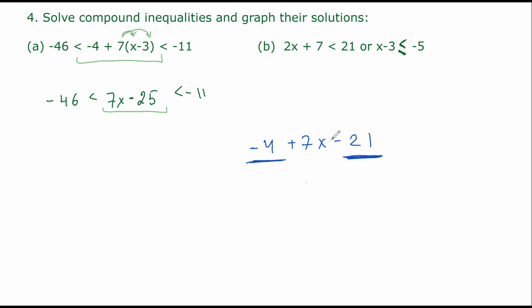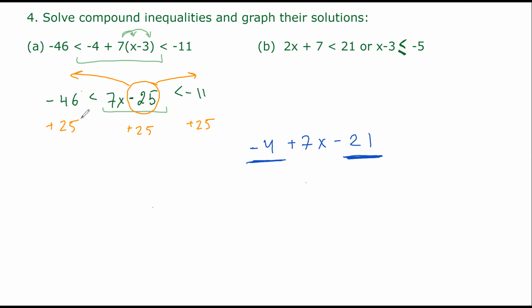Okay, so let's proceed. Now, what we are going to do is apply the same operation to the 3 sides. For example, we are supposed to get rid of this constant first. We would usually send it to the other side. Well, in this case, we send it to both sides, the right side and the left side. What it means for us is I'm doing plus 25, plus 25, plus 25.